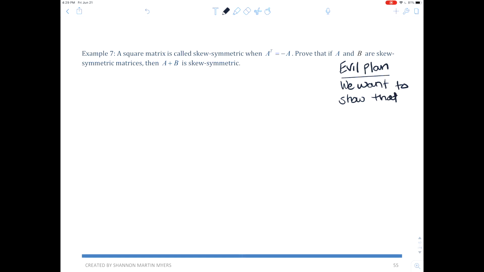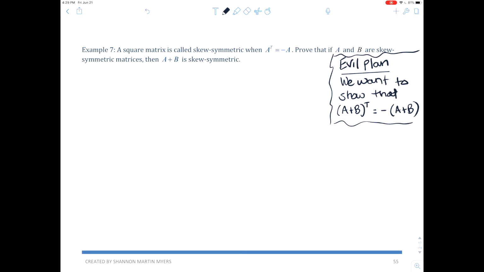So instead of just A, we're going to be doing A plus B. So we want to show that A plus B transpose is equal to negative quantity A plus B. Okay, so that's our little evil plan. And it's fine to put that on the side. But you have to be very professional here, all right?